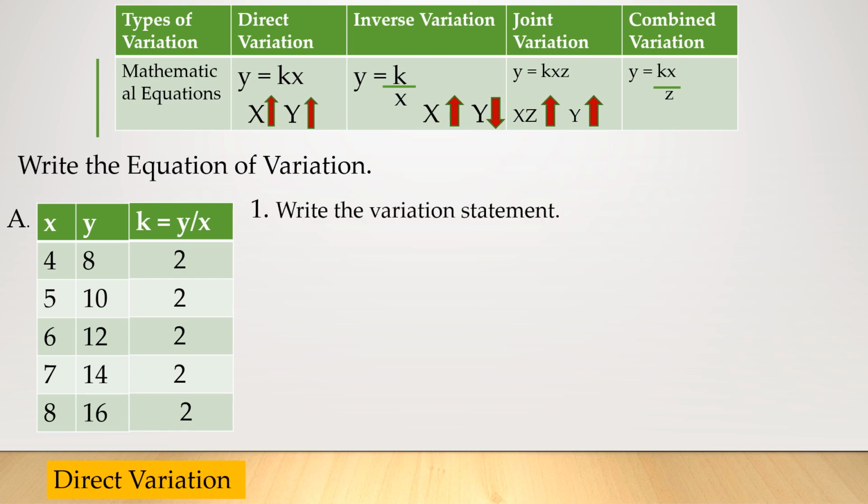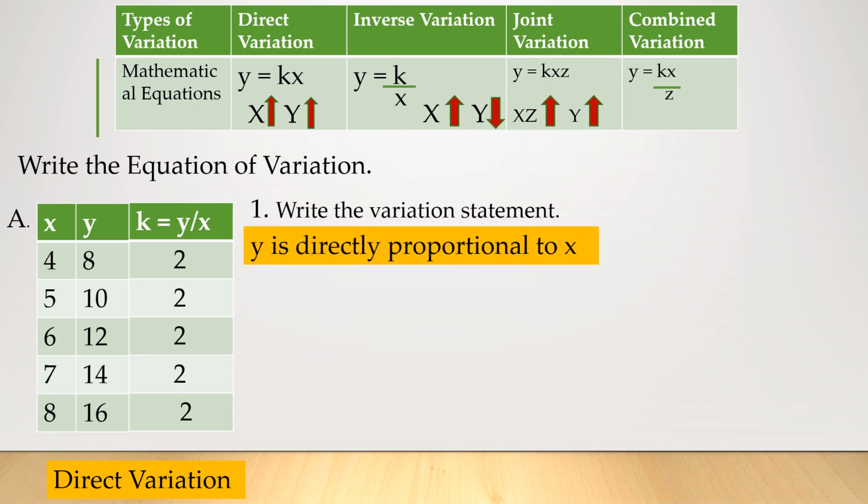It means that the variation statement here is y is directly proportional to x, or you can write this as y varies directly as x. They mean the same thing.